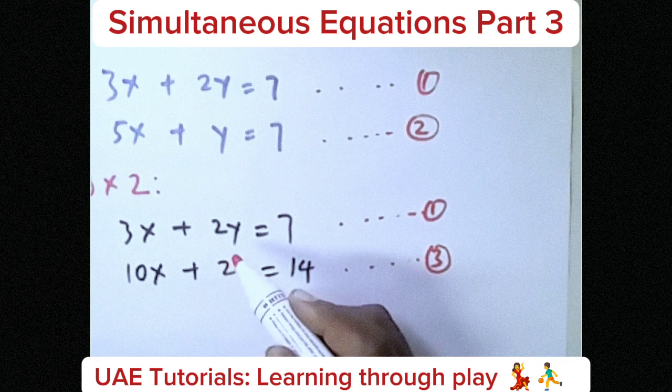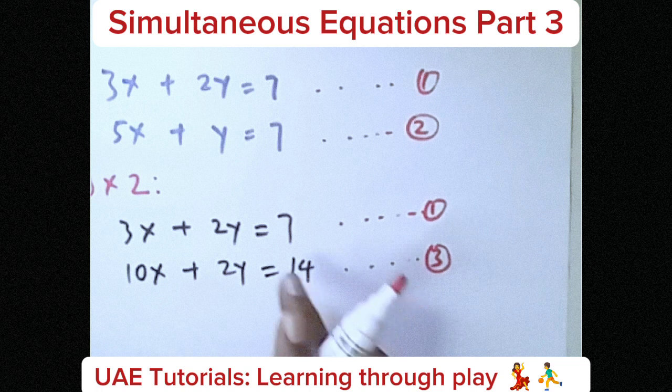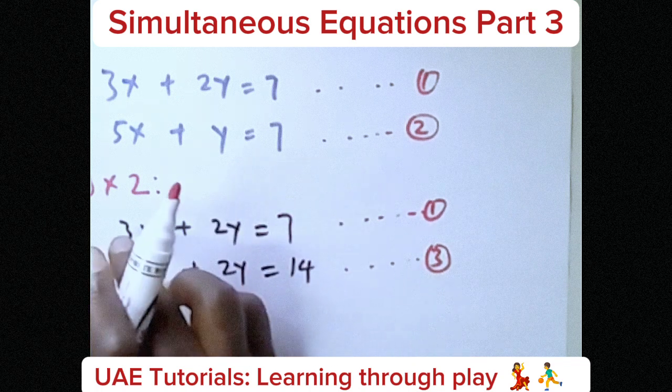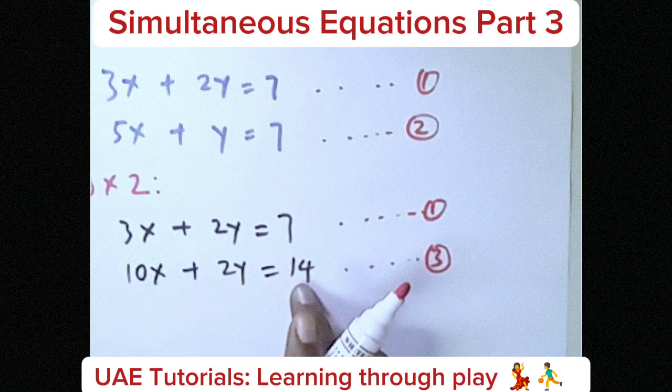So now that we have the coefficients of y to be the same in both equation 1 and equation 3, what we can do is to subtract one equation from the other. We can subtract equation 1 from equation 3. Let's do that.